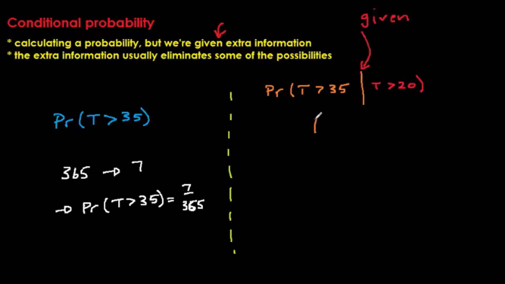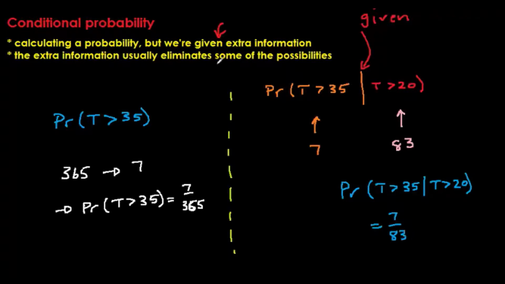If I had my 7 days where the temperature was above 35 degrees, and in the year there were 83 days where the temperature was above 20 degrees, then the probability that my temperature is above 35 degrees given it's above 20 will be 7 out of 83. We've eliminated the possibilities when the temperature was below 20 degrees. So that's how that works.